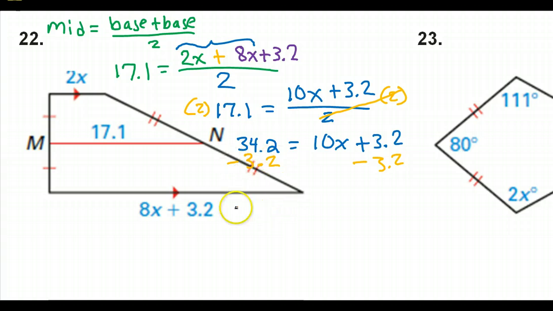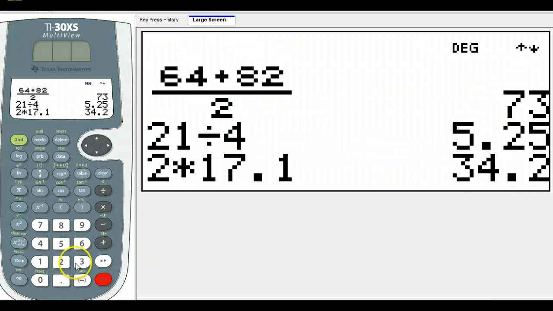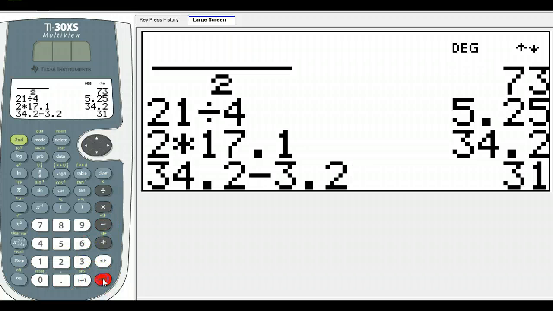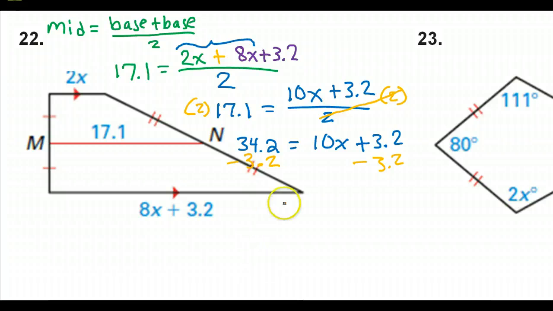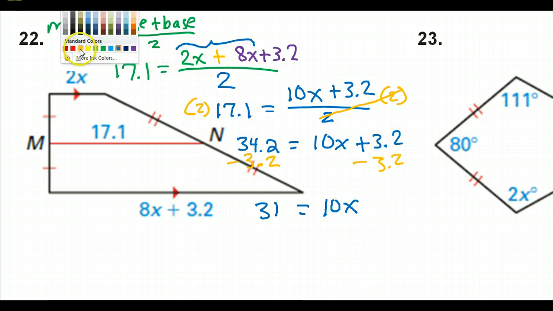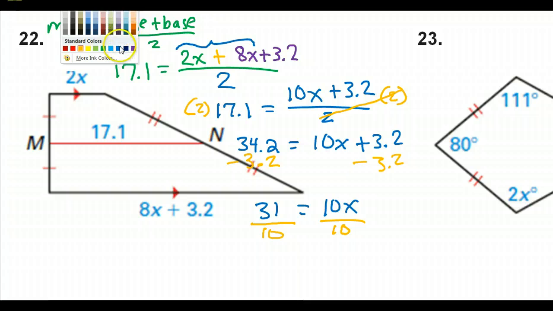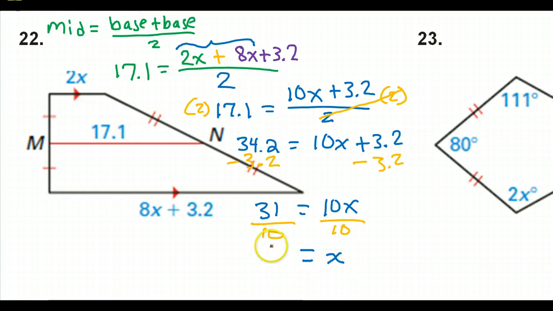Okay, 34.2 minus 3.2, that's like 31. Alright, so this is going to give us 31 equals 10x. Alright, dividing both sides by 10. It gives me x is equal to 3.1. Okay, I found x once again.